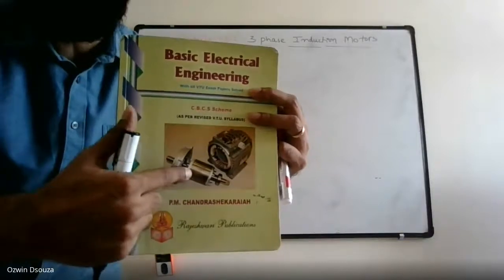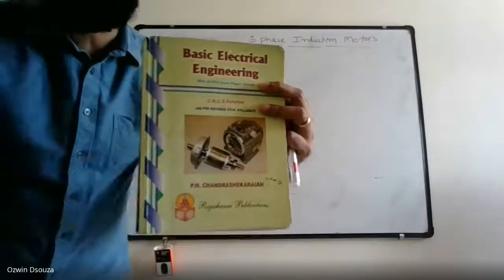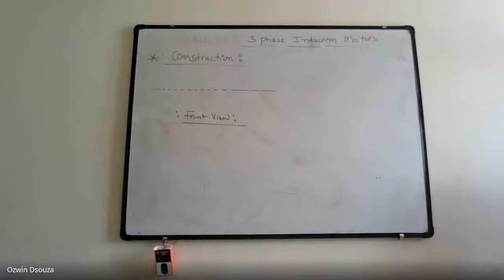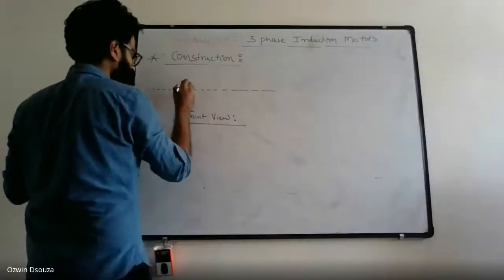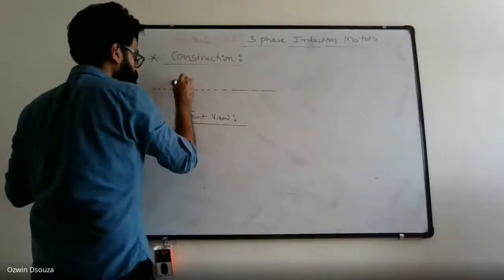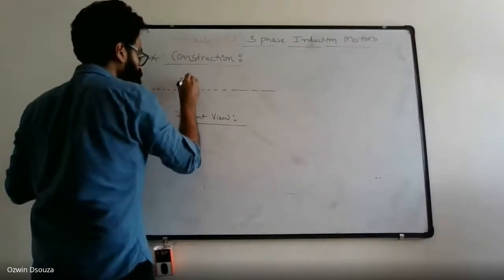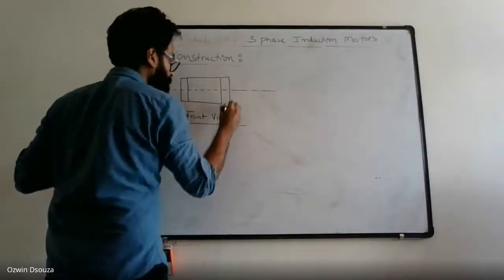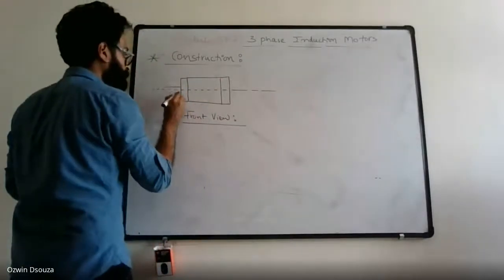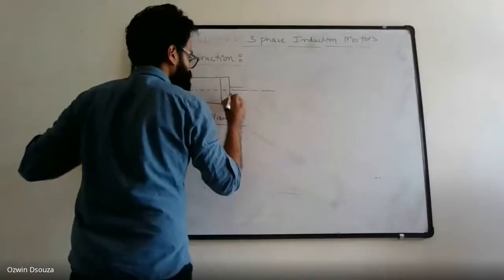Now in the front view, you can observe the rotor core. So this is your rotor core. The same thing I'm going to draw on the board. In the front view, what you can see is the rotor core and also the shaft.